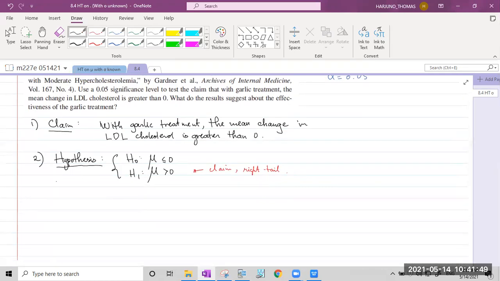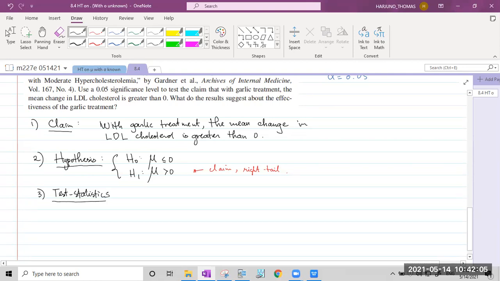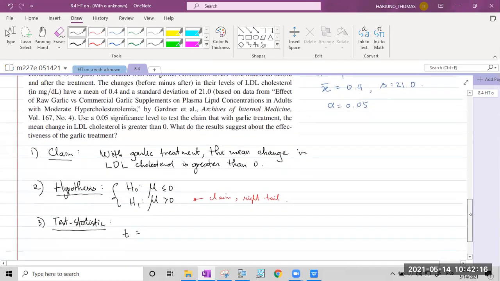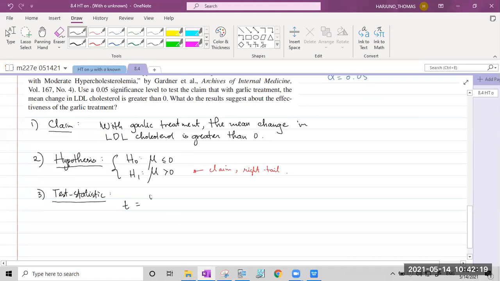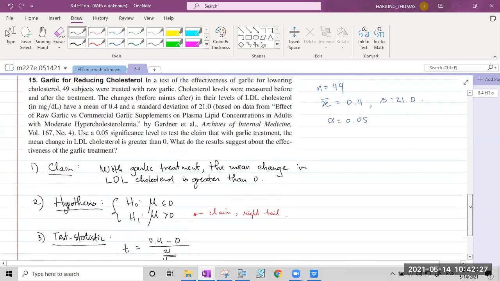Okay, step 3, test statistic. By the way, it is test statistic, not test statistics, without the S. That's t equals x bar, which is 0.4, minus 0, over the sample standard deviation 21 over the square root of the sample size 49.